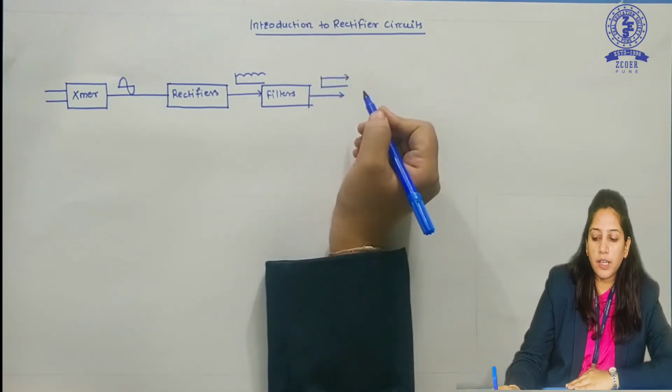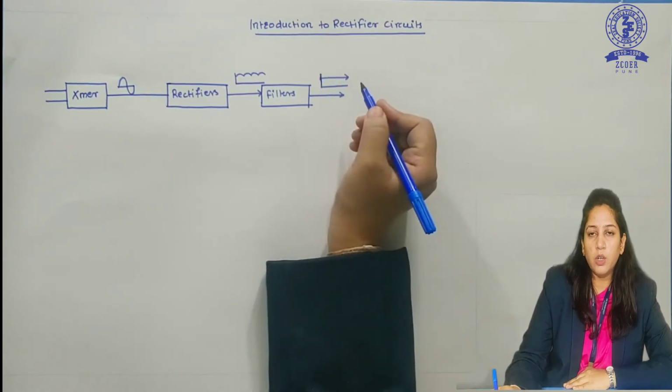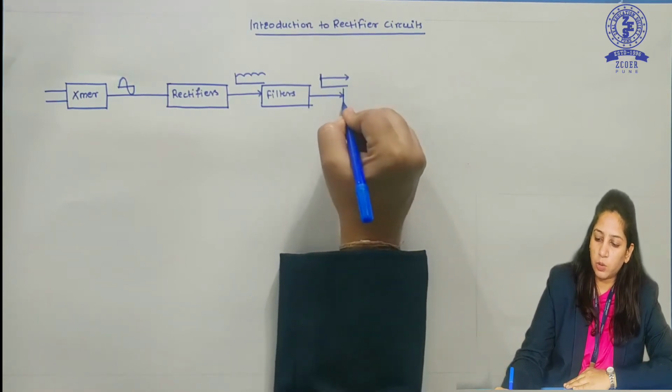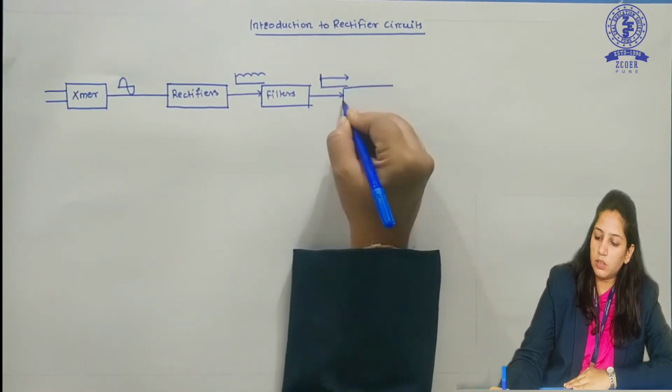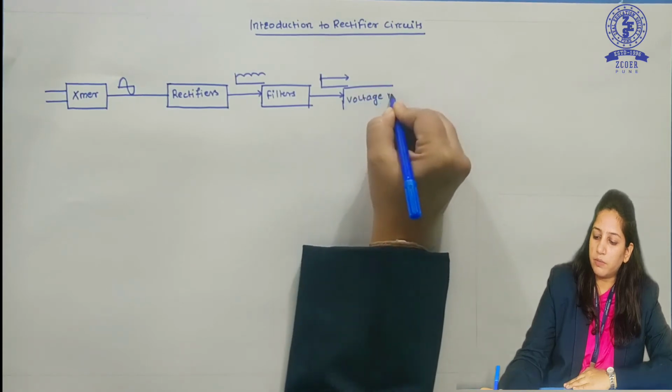Again, it is not the case that the pure DC supply is of constant voltage. So we need voltage regulation after these filters also. Another block will be the voltage regulator.